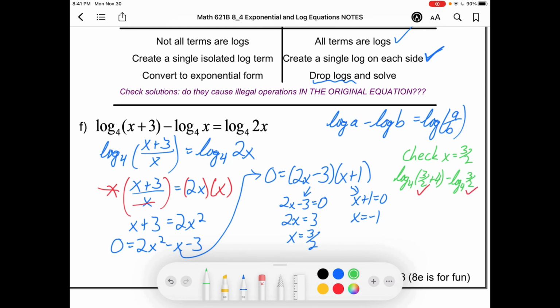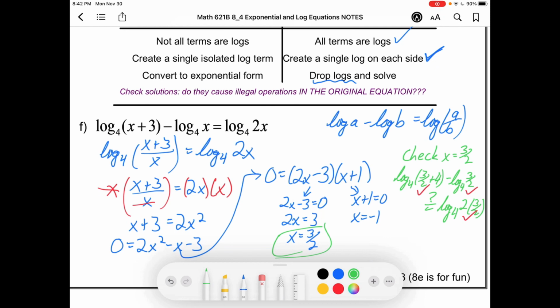And then I'm wondering, is that equal to, if I sub in that 3 over 2, it would be log base 4 of 2 times 3 over 2, or just 3. That's also okay. Putting in 3 over 2 did not cause us to break the law at any point. Therefore, 3 over 2 is a solution. If you want to go further and fully verify that, that's fine. You're welcome to. But really, we're just looking out for illegal operations.